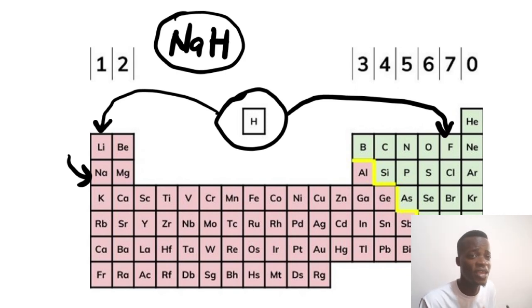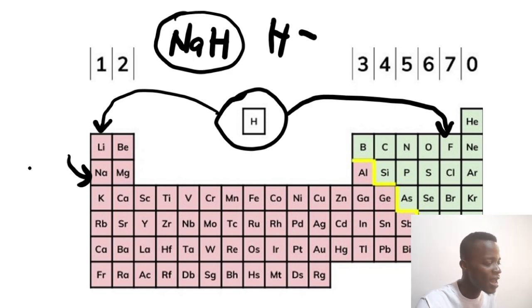Hydrogen has both behaviors. So when sodium wants to give, the hydrogen will be at the other end to take. In this particular species, hydrogen is acting like a taker, and sodium is always a giver. All group 1 elements are always givers. So sodium is giving 1 electron, and hydrogen is taking it.